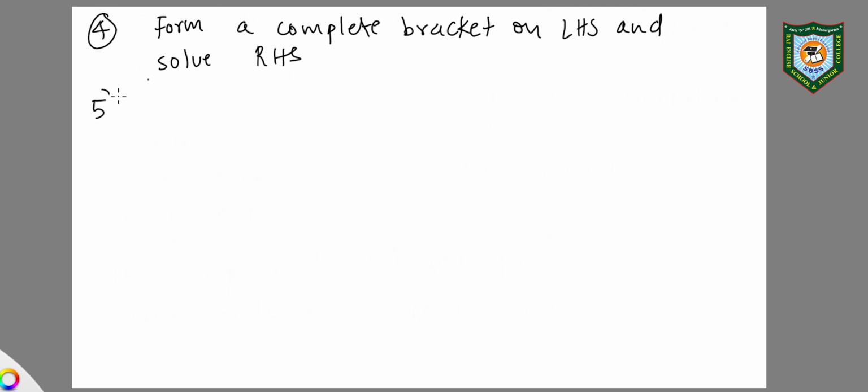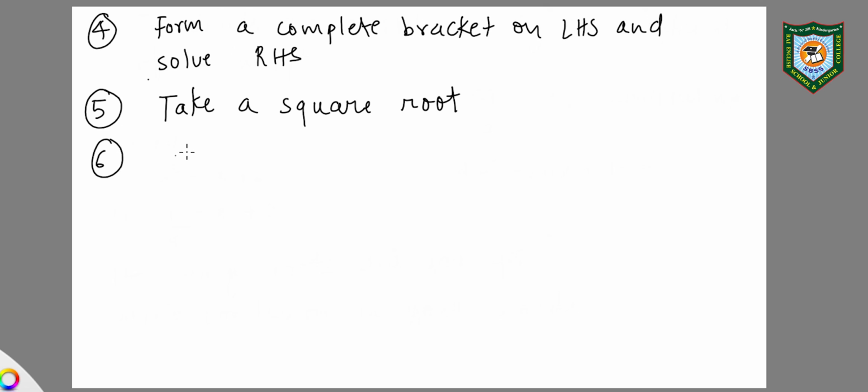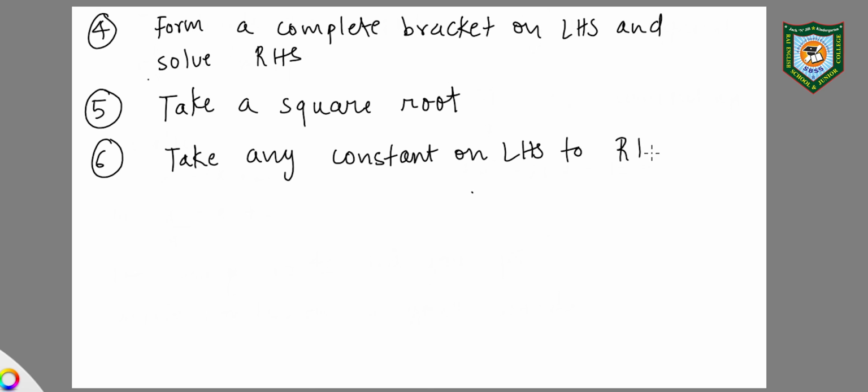Once I get this, in step 5, all I have to do is take a square root, and in step number 6, take any constant that is on the left hand side, on LHS, to the RHS.